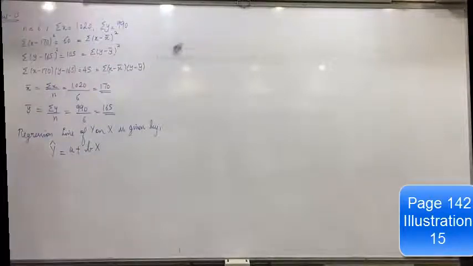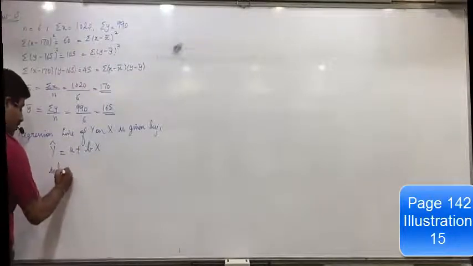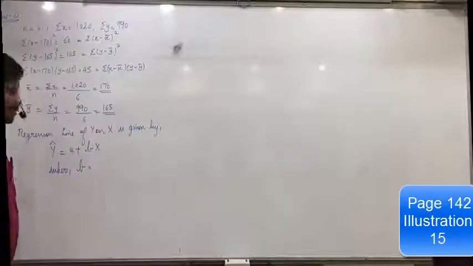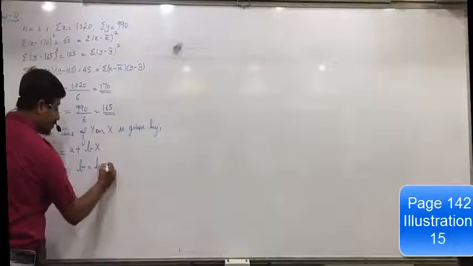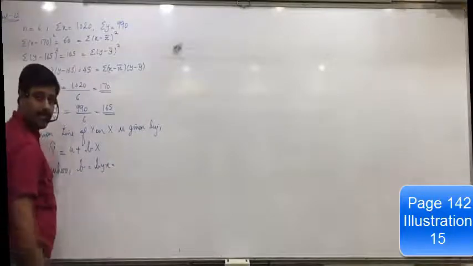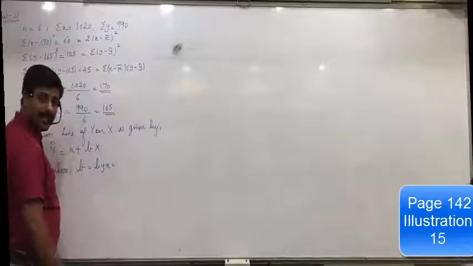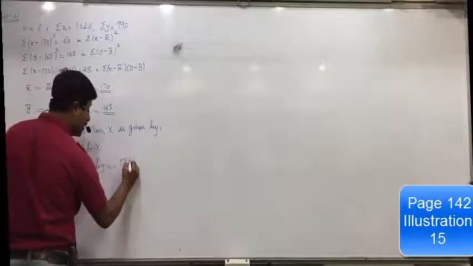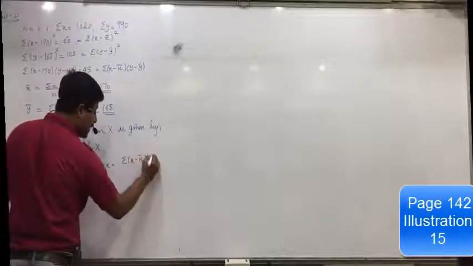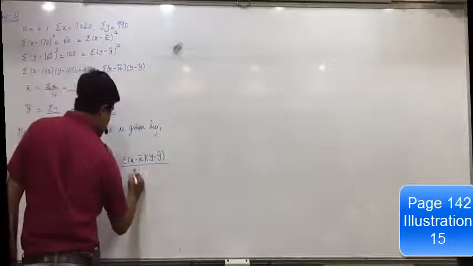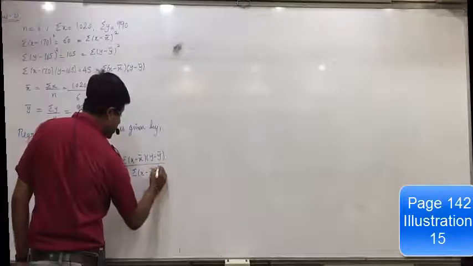Now we are at b equals sigma x minus x bar into y minus y bar upon sigma x minus x bar whole square.